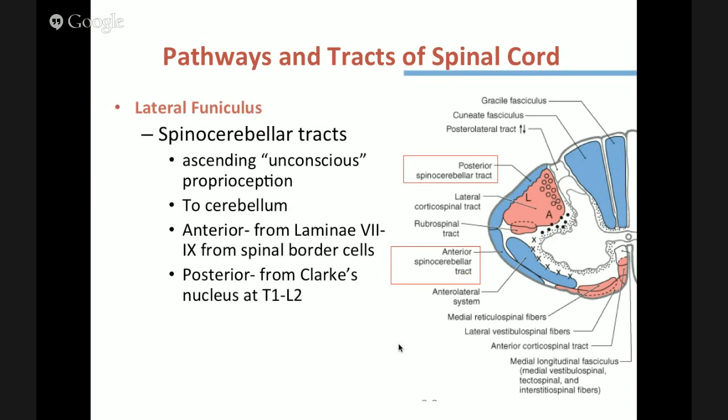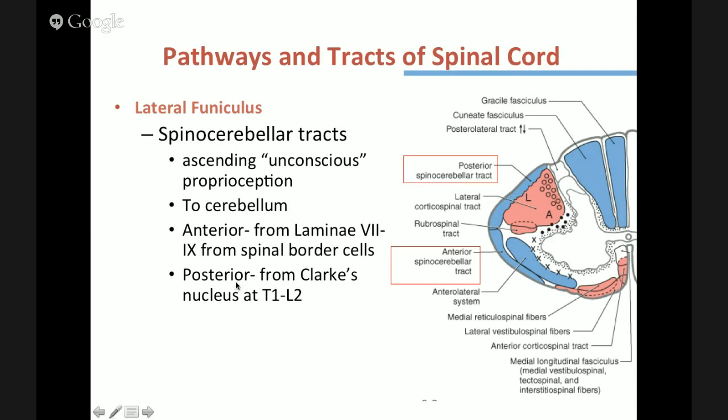So the spinothalamic tracts, these are the ones that kind of border the edge of the spinal cord white matter here, the anterior one and the posterior tract going to the cerebellum. For the two different pathways, there are synapses, particularly for the posterior tract, which is ascending from the lower limb.